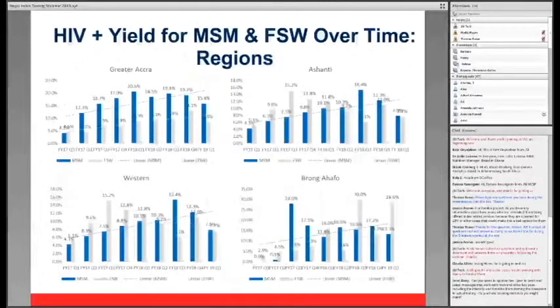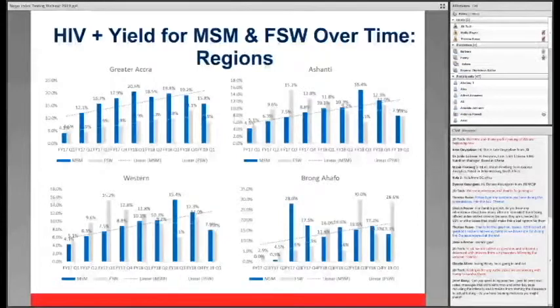When you look also into this slide, we were looking at whether index testing would perform the same way in different geographic settings. Because in Ghana, there are differences in terms of the socio-cultural context in different regions.